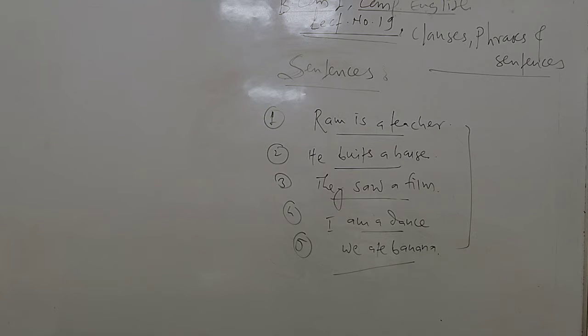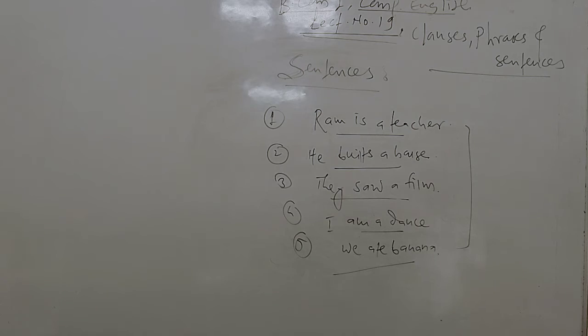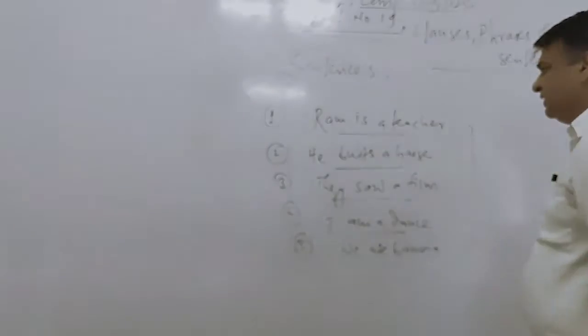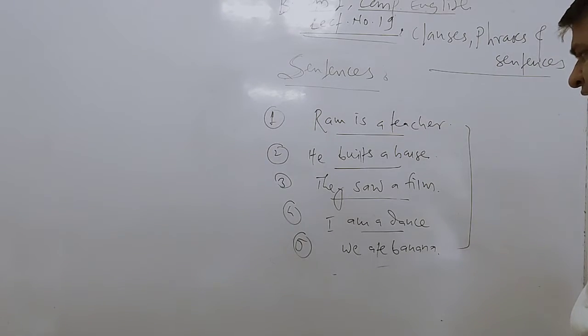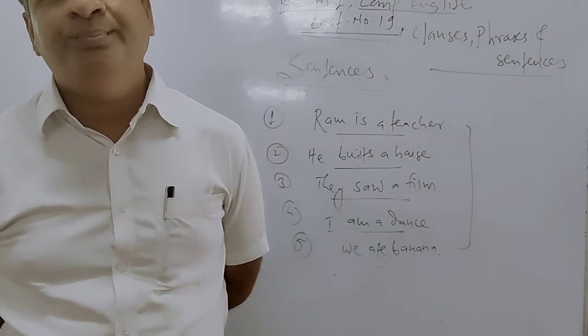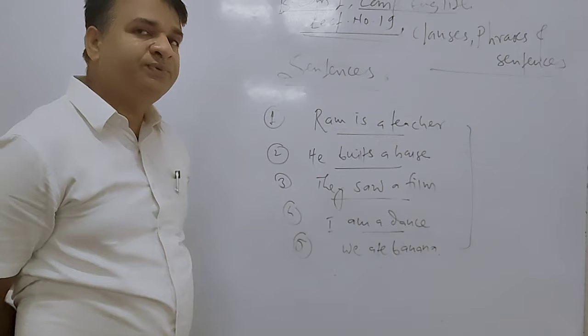When you go through this: Ram is a teacher. He builds a house. They saw a film. I am a dancer. I sing a song. We eat banana. All these are sentences made with the help of helping verbs like is, am, are, or with the help of basic verbs.